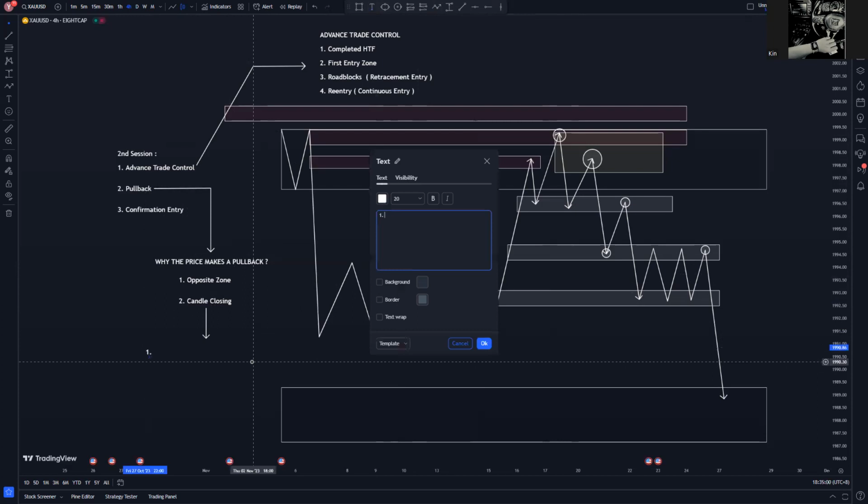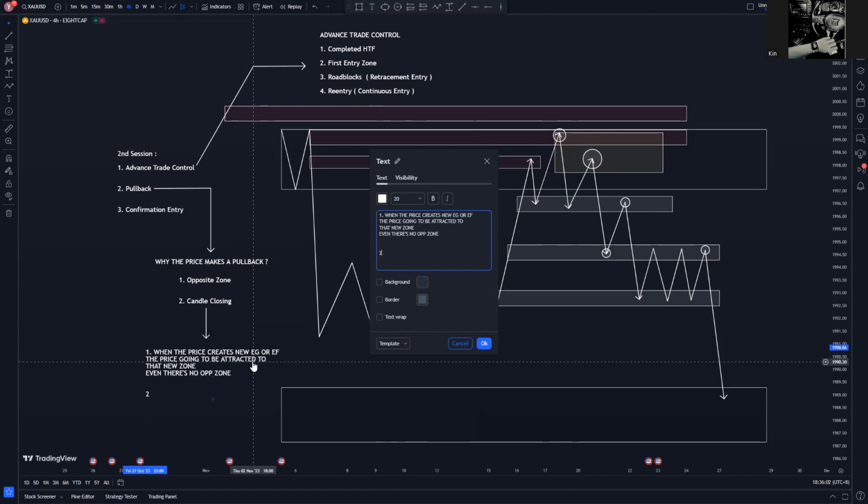The first rule: every new ED or EF, when the price creates a new ED or EF, the price is going to be attracted to that new zone, even if there is no opposite zone. So that is the first one.